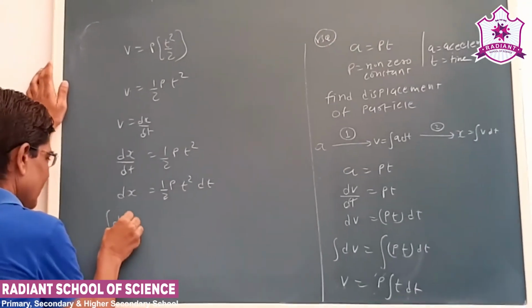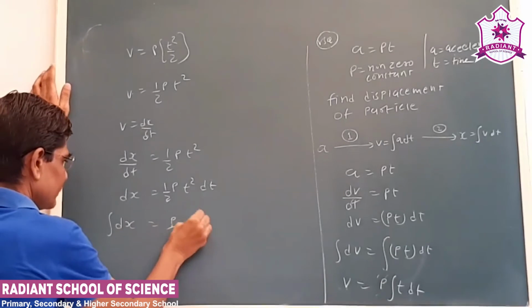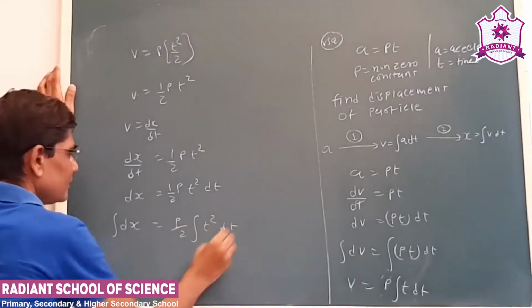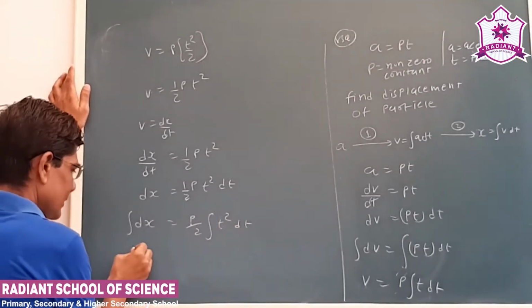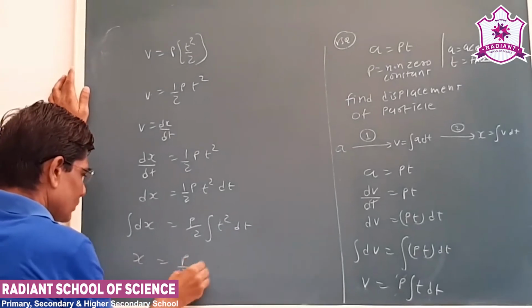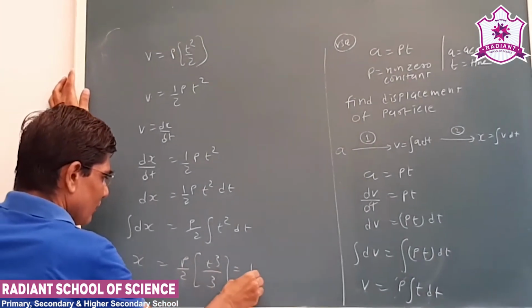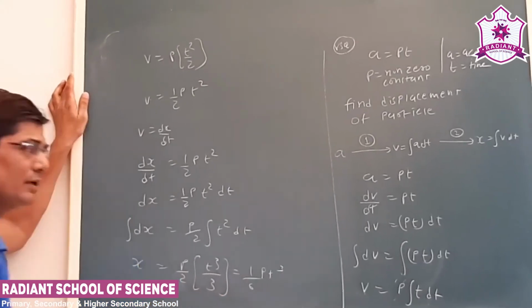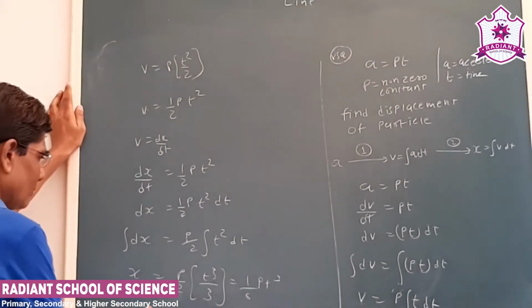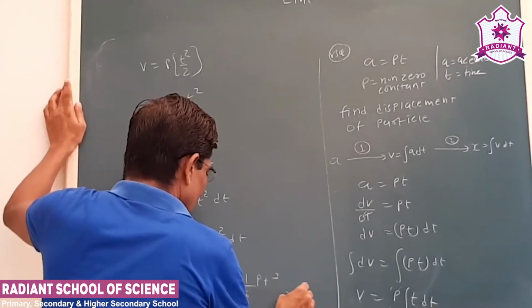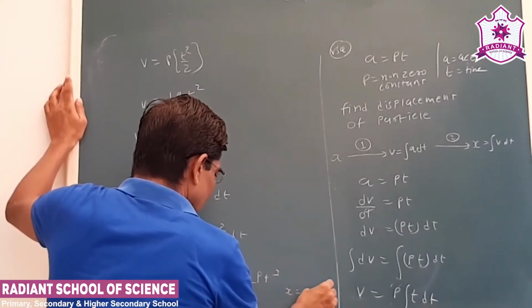Now integrating on both sides, integration of dx is x, p by 2, integration of t square is t cube by 3, so it will be 1 by 6 pt cube. Okay, so this is how we can obtain the value of displacement. So x is 1 by 6 pt cube.